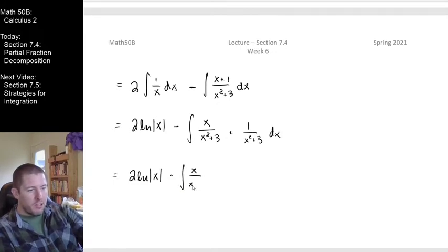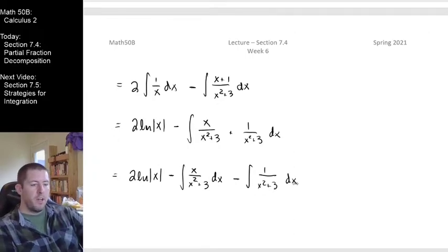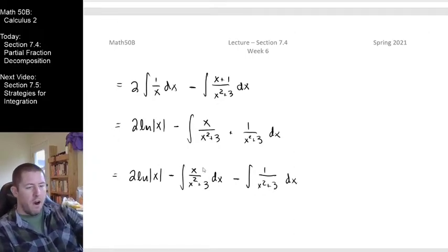So what am I doing here? I'm going to break this up into two fractions and then deal with two integrals separately here. So notice this negative, I'm distributing this negative onto both of the integrals right here. And here's the two moves that we want to do with these guys. For our first integral right there, it looks like we want to do something like u equals x squared plus 3, du equals 2x dx.